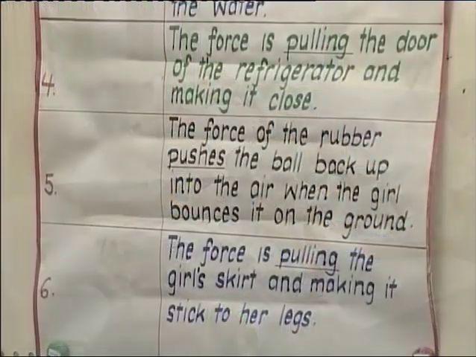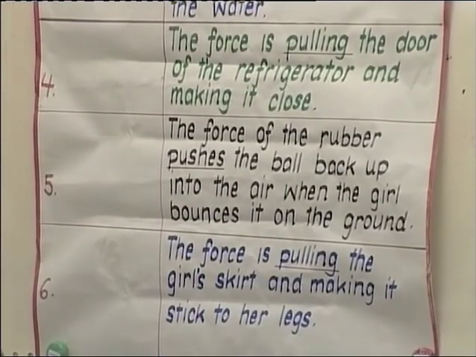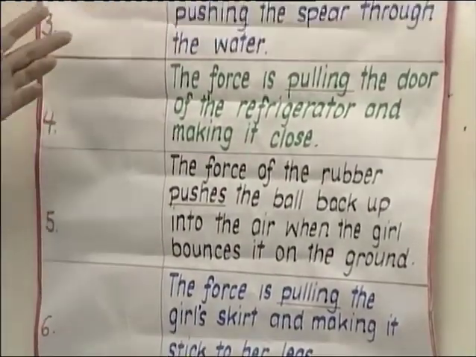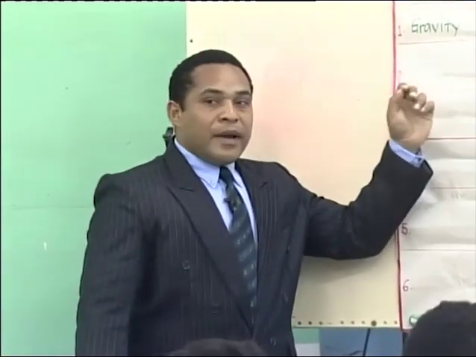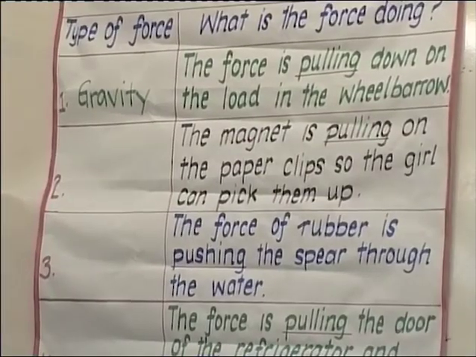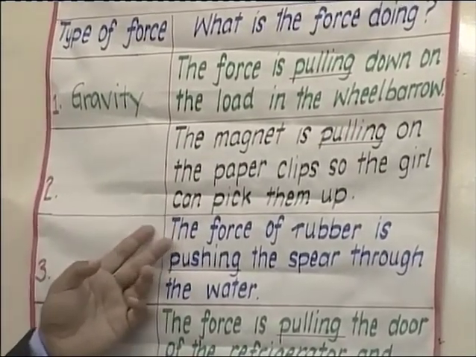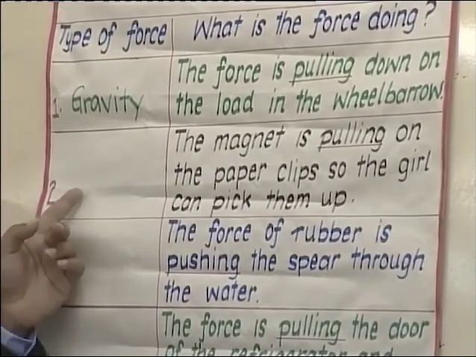Okay, let's look at number 2 together, 6C and receiving students. Eyes in front. The magnet is pulling on the paper clips so the girl can pick them up. That is what the force is doing. So what is that type of force?